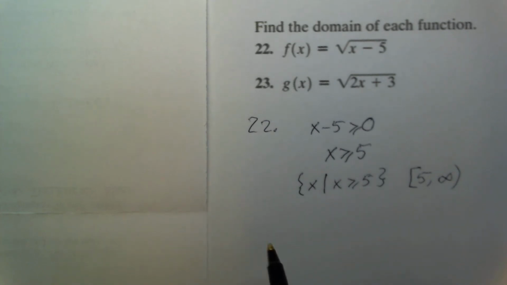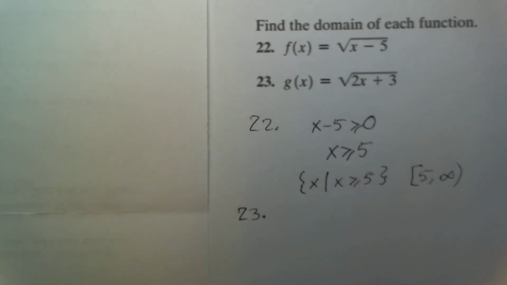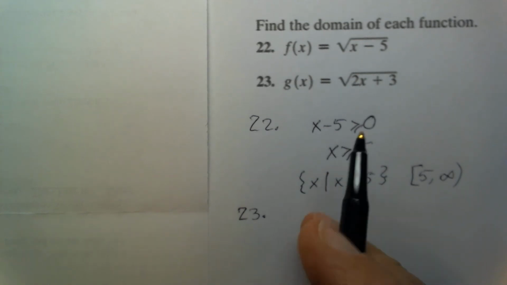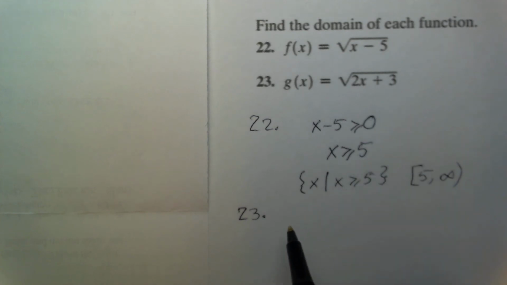And for number 23, again, we know for the square root to exist, the radicand, which is 2x plus 3, has to be greater than or equal to 0. Again, that's a linear inequality, and we solve it by subtracting 3 on both sides and dividing by 2.